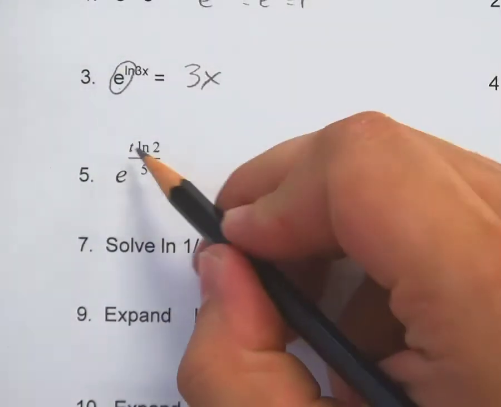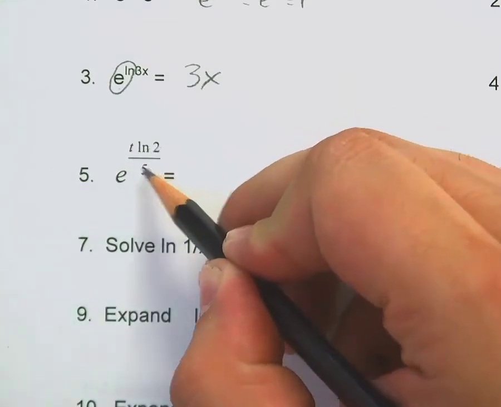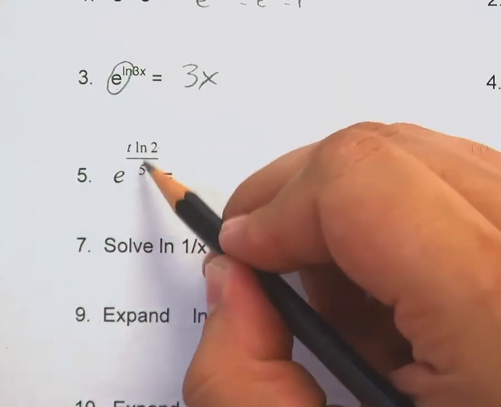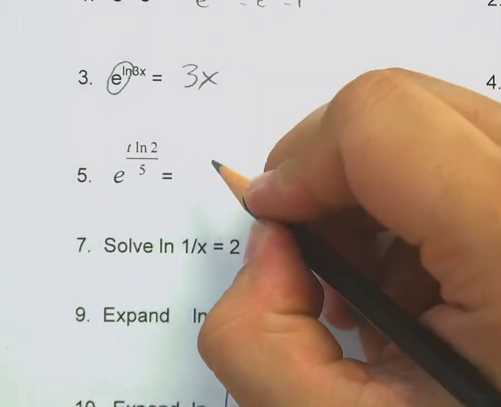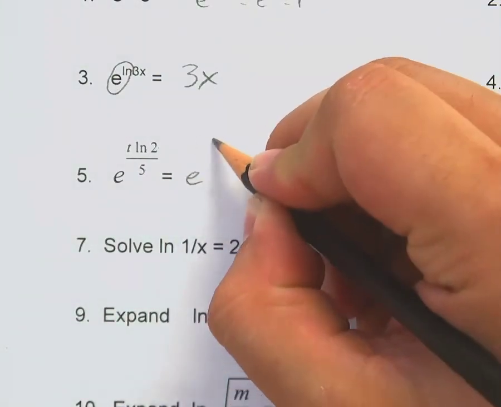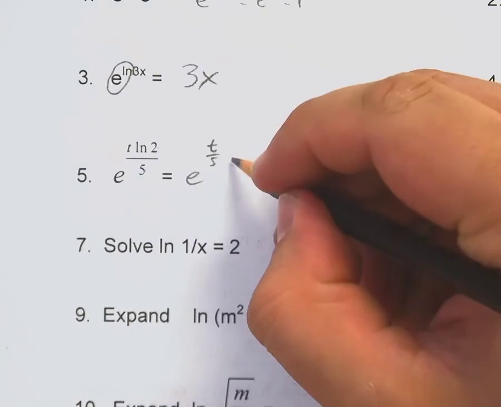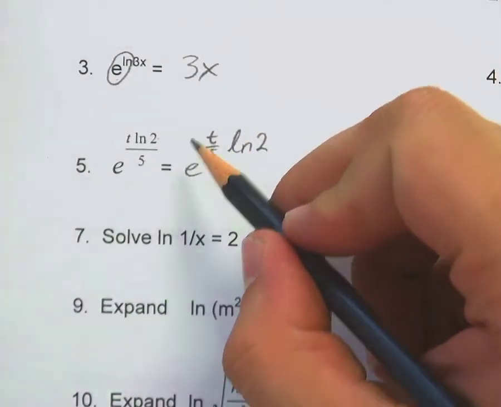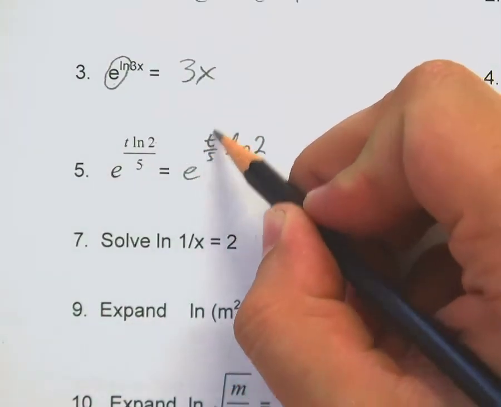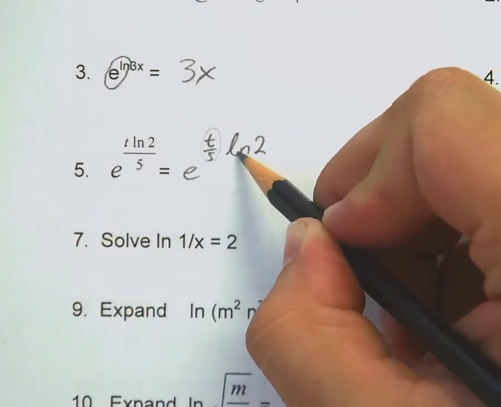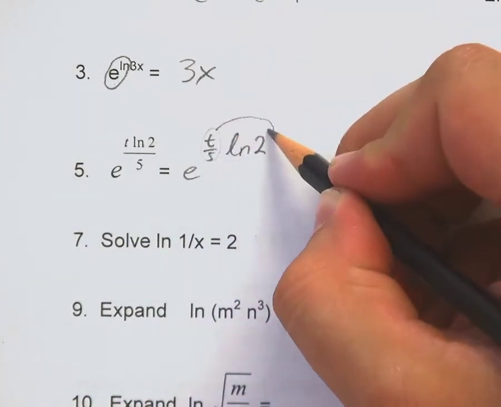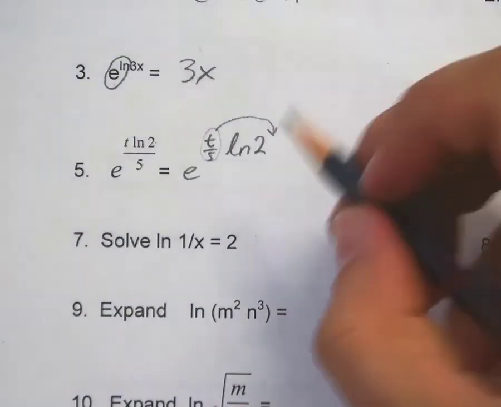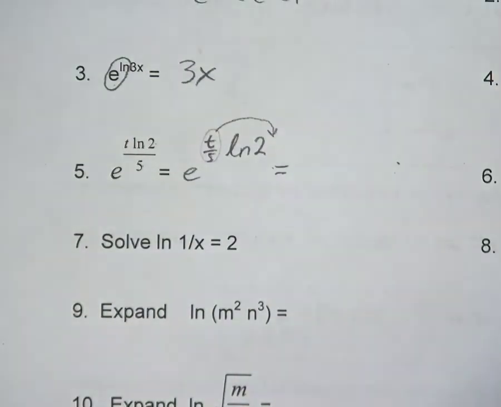E to the t ln 2 over 5. Now this is all an exponent. So the first thing I'm going to do is rewrite this here. I've got e to the t over 5 ln of 2, right? And there is a property on the front page that says that if I take this number and it's in front of a log, I can put it up here into this exponent. So I'm going to have a complex exponent here. It's going to be an exponent within an exponent.